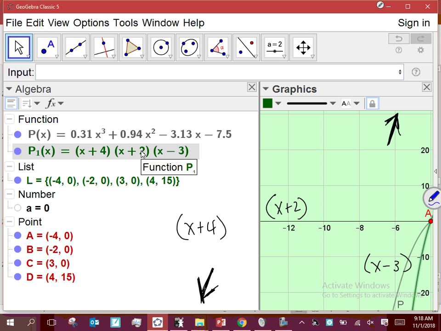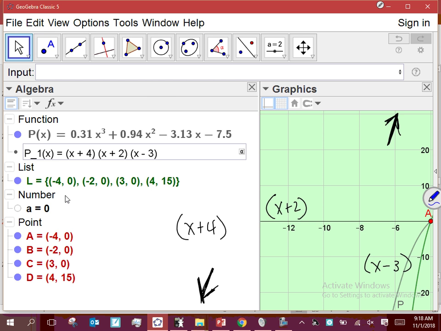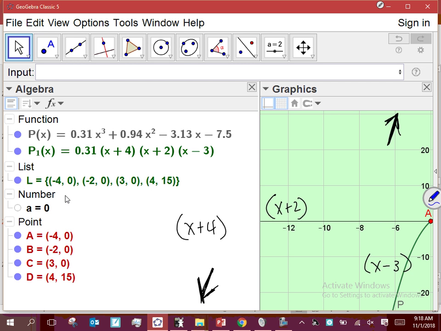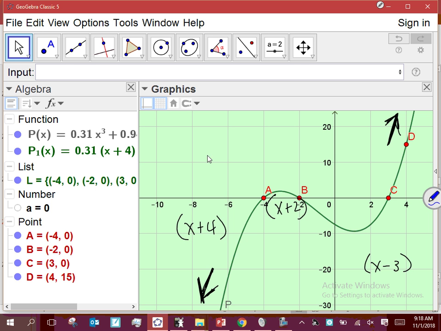What is your leading term going to be? x cubed, 1x cubed, right? What is p of x's leading coefficient? 0.31. Does that tell me what I need my a to be then? So I need to come out here in front and put a 0.31. And when I hit enter, does it give me that same curve?